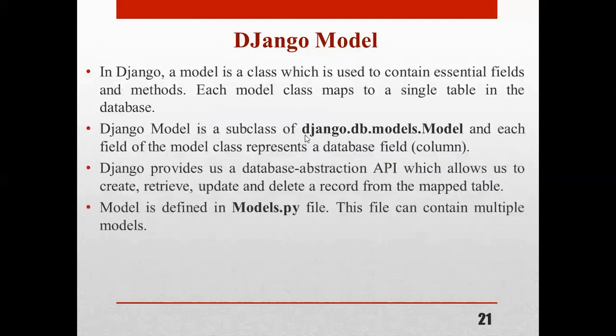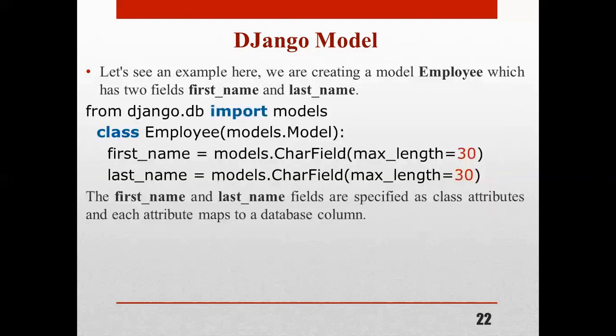We have seen that a Django model is a subclass of django.db.models.Model. So class Employee, inside the brackets models.Model, then a colon and the attributes.